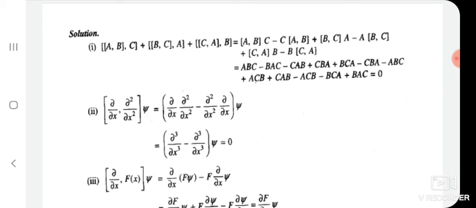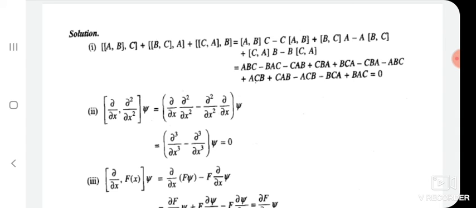If there are two operators, dou by dou x and dou square by dou x square, operating on a wave function psi, it gives dou cube psi by dou x cube minus dou cube psi by dou x cube. Both are the same, which is equal to 0.